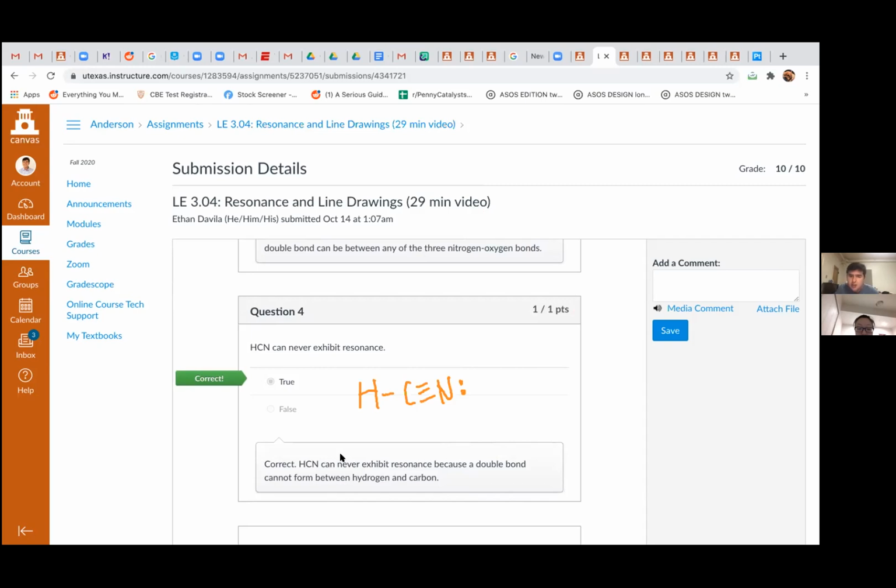Wait, why can't that ever have resonance? Oh, because you can't put the triple bonds. Yeah, because hydrogen can only have one bond. It doesn't have enough electrons to expand to 2 or 3 bonds. Okay.